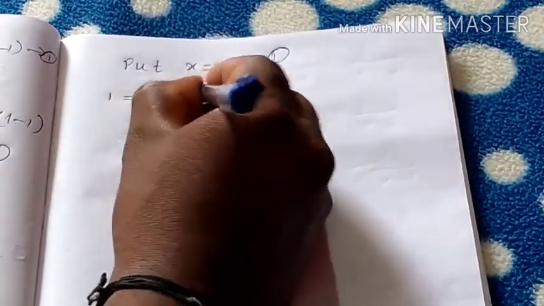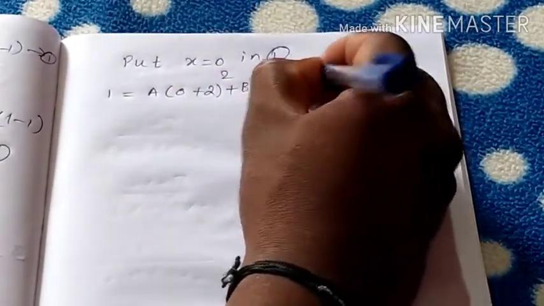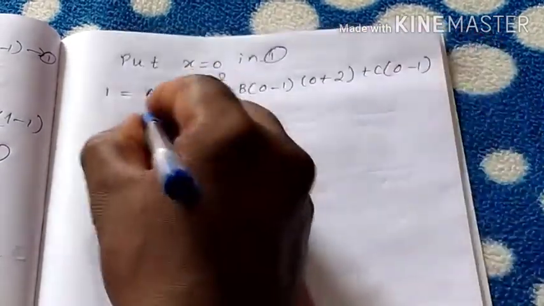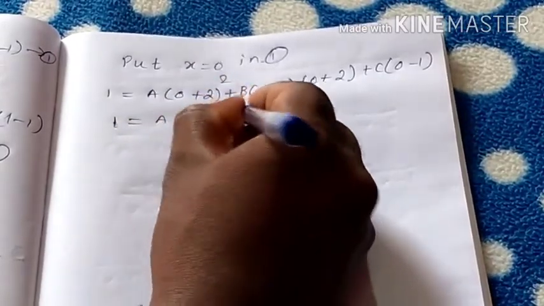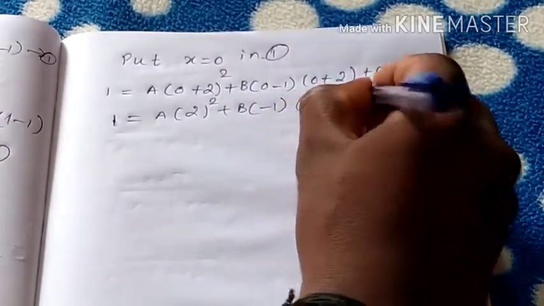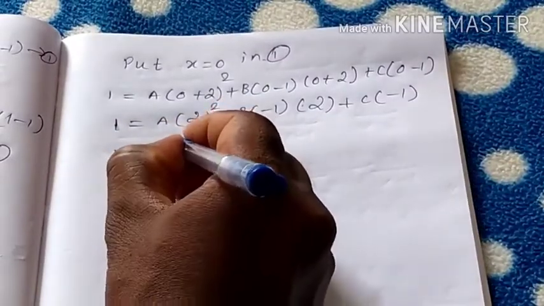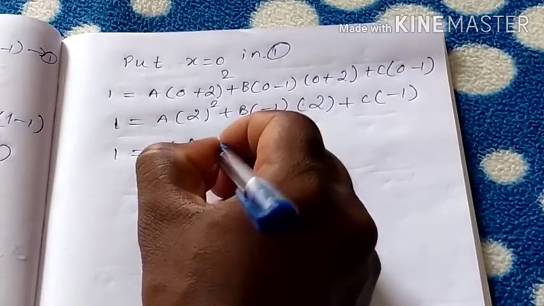So 1 equals a into (0 plus 2) the whole square, plus b into (0 minus 1)(0 plus 2), plus c into (0 minus 1). 1 equals a into 2 square, plus b into minus 1 into 2, plus c into minus 1. 2 square is 4, so 4a. Minus into plus is minus.